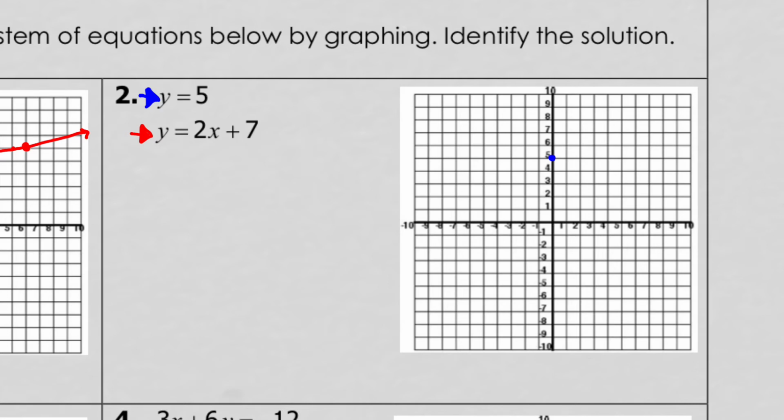No. So is my line going to be vertical or horizontal? Horizontal. Why is it going to be horizontal? Okay, so it's going to be horizontal because for any value of x, y is going to be 5. So we want a straight line going through all of y equals 5. Okay?